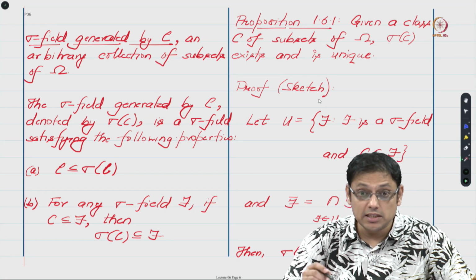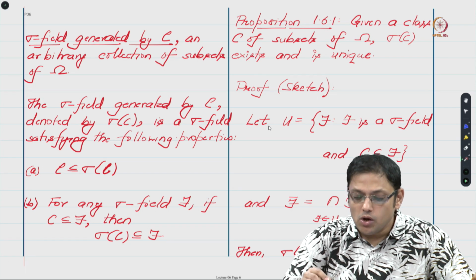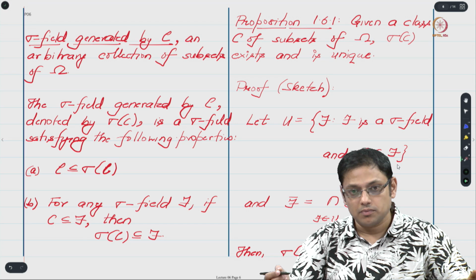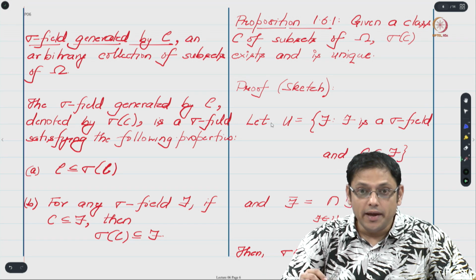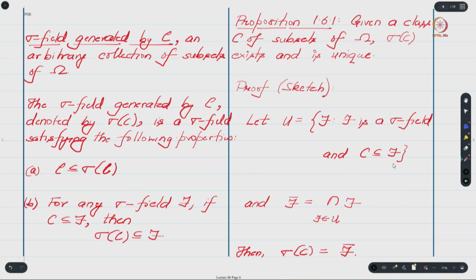The proof proceeds as follows. You first define calligraphic U to be the collection of all sigma fields containing C. Then you define F bar to be the intersection of all such F's.